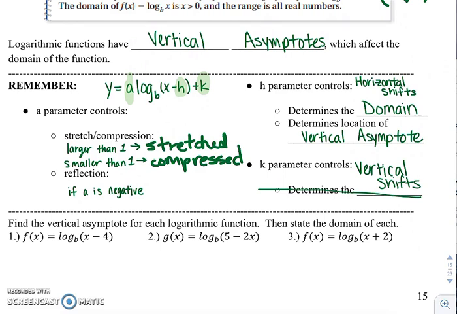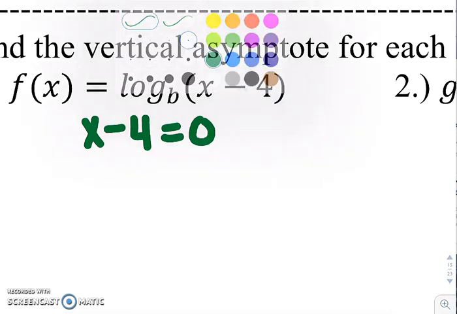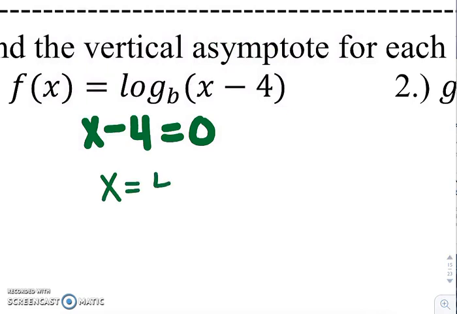To find the vertical asymptote for log functions, all we do is solve for this part inside the parentheses. That gives us the vertical asymptote and will give us the domain. If we did that here, if we said x minus 4 equals 0, our vertical asymptote would be at 4.